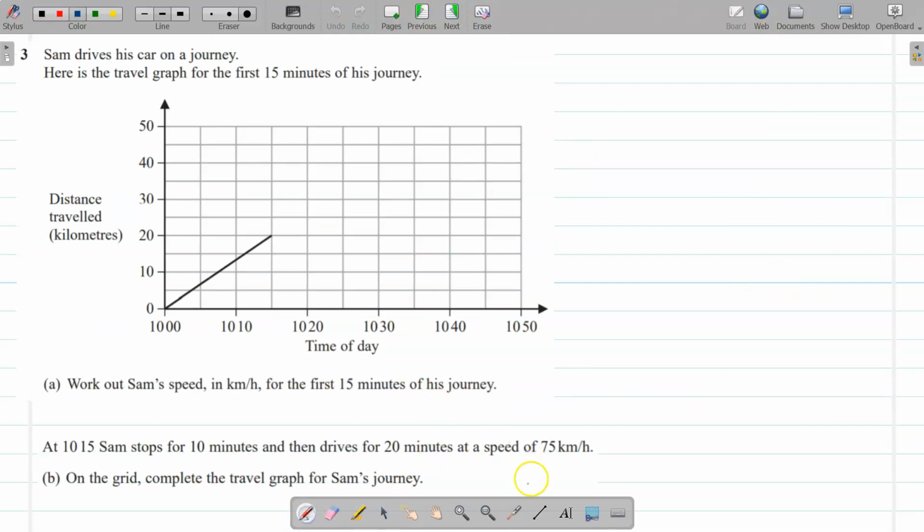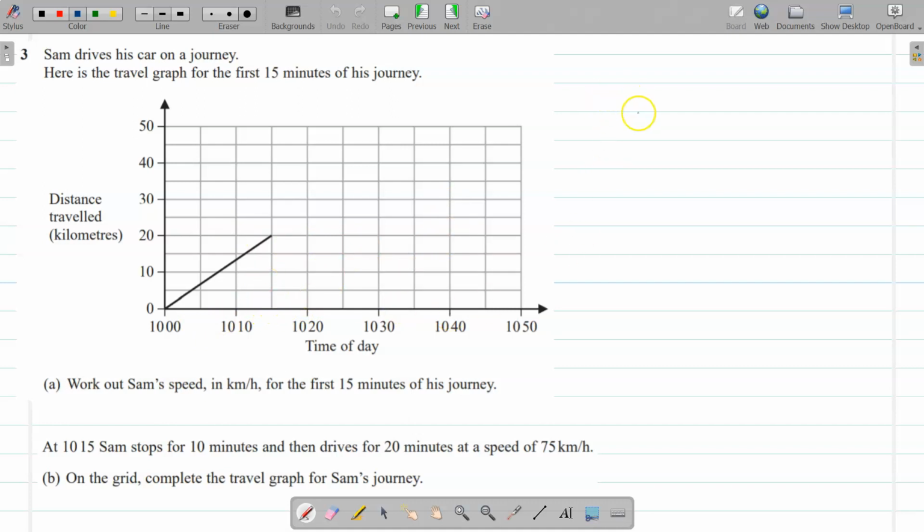Okay, so we've got some information here. This is a travel graph. This is the first part of the journey. We've got to work out Sam's speed. Well, he travels, or she travels 20 kilometers in 15 minutes, from 10 to 10:15. That's a quarter of an hour.